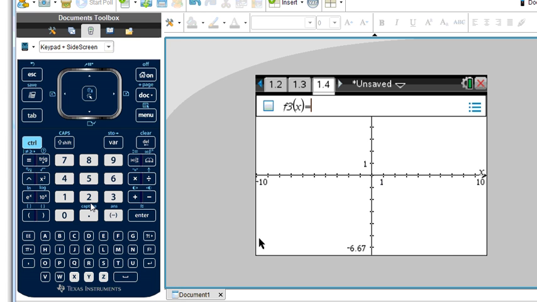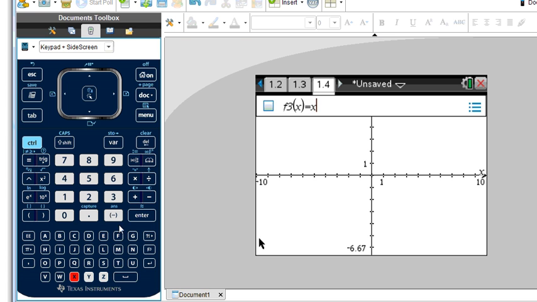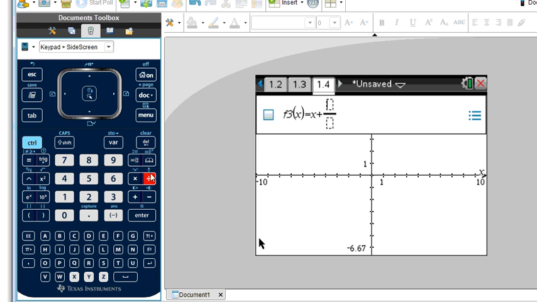and we have x plus, control fraction, 4x over x minus 3, and we're going to subtract that right side of the equation here.